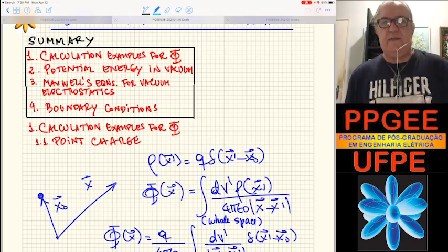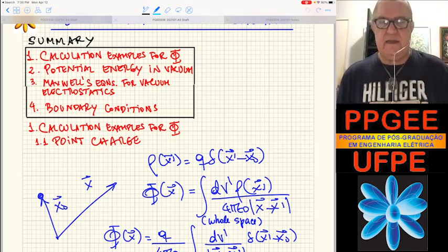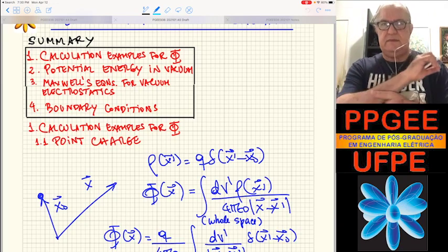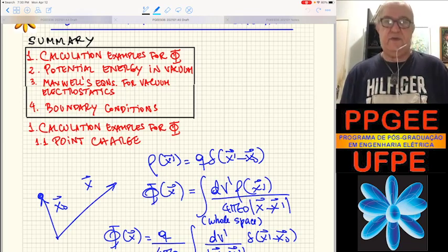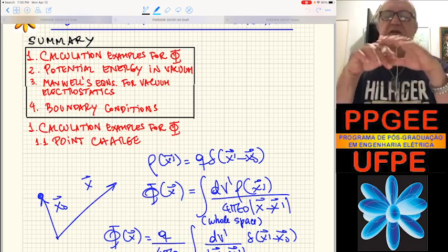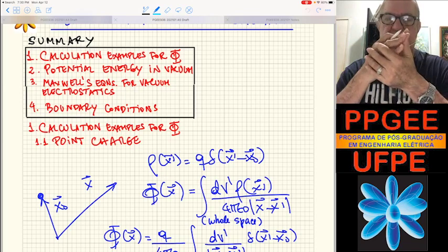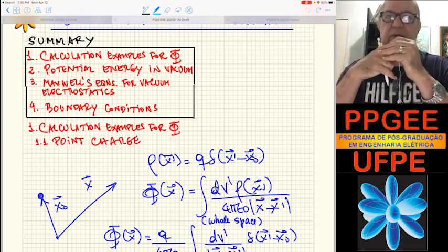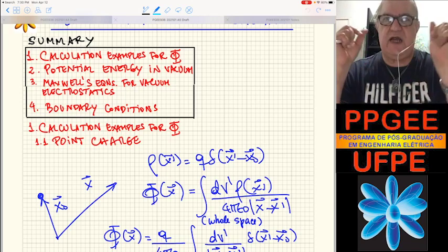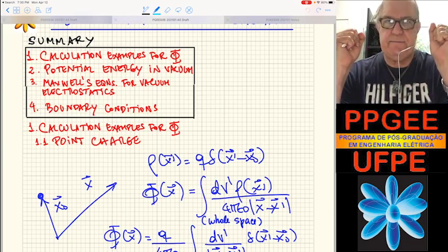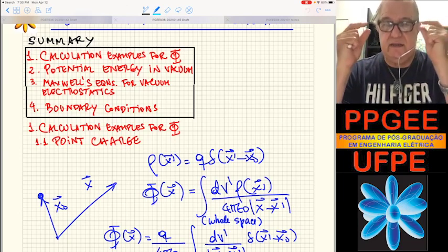We're going to explore the properties of Dirac's delta function to do those calculations. For different distributions in space, we are going to always represent those charge distributions as volumetric distributions.